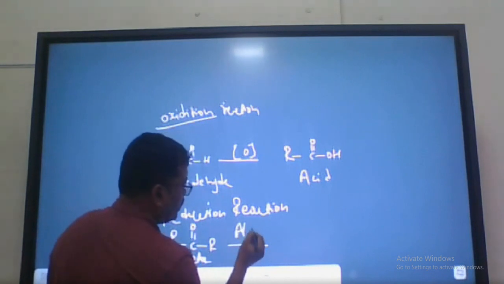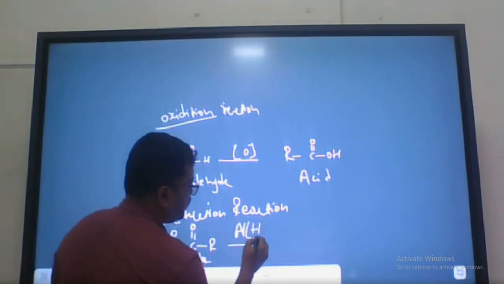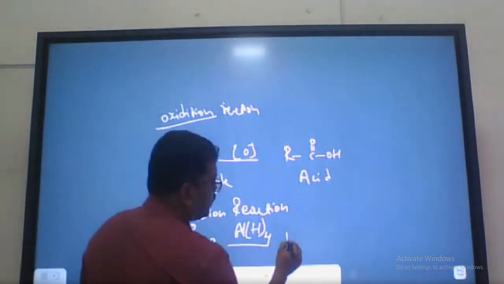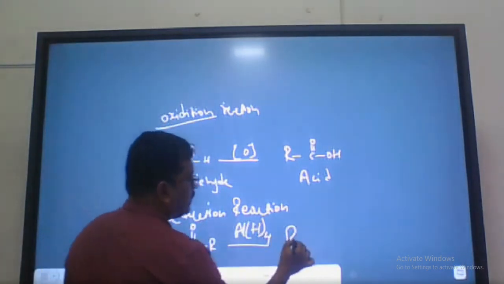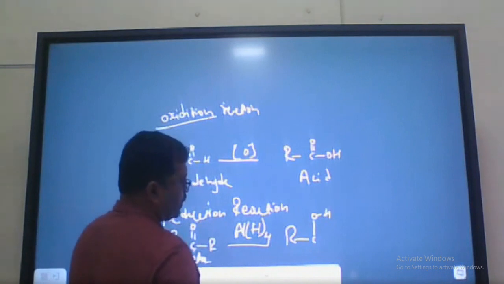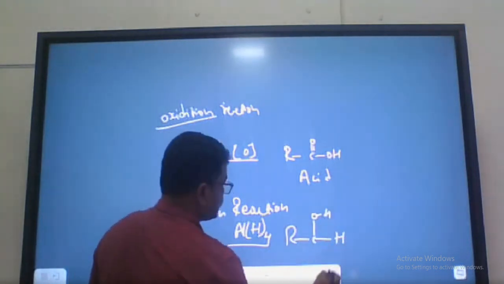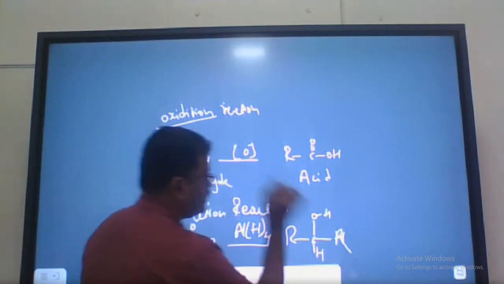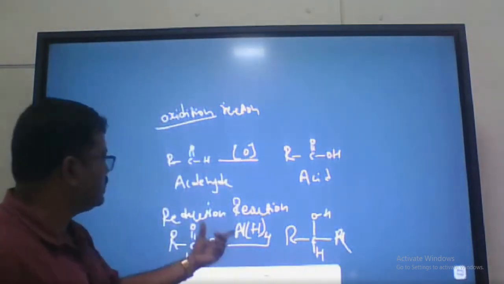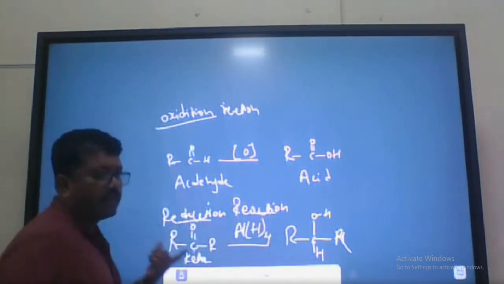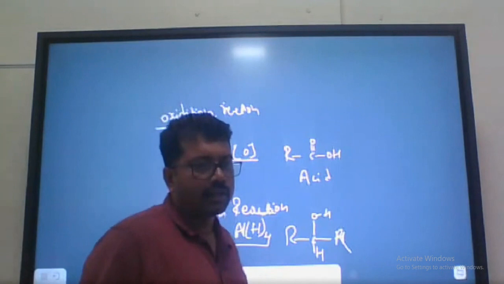For example, I will take lithium aluminum hydride. It's a reducing agent. It adds hydrogen to this carbon, and this forms alcohol. After it comes back here in negative charge, it takes proton, and this is the alcohol. See, carbonyl compounds undergo reduction, and they undergo addition. Now, addition and reduction. Okay?